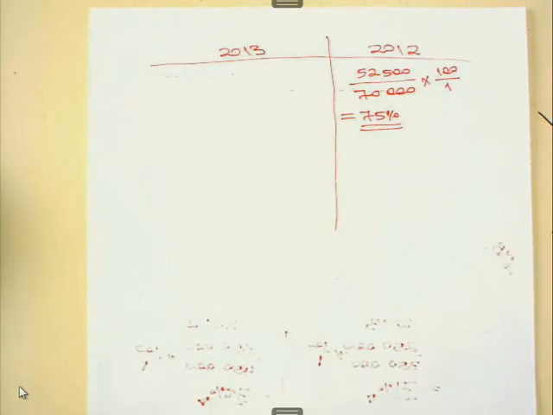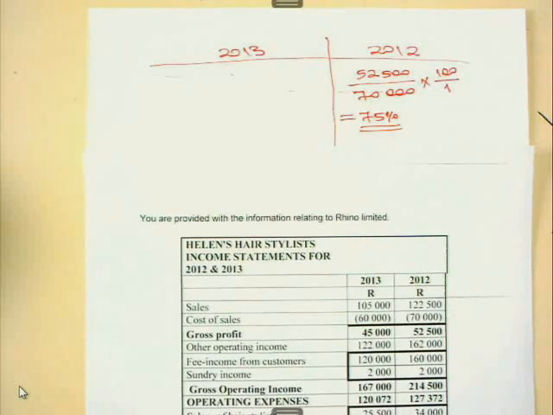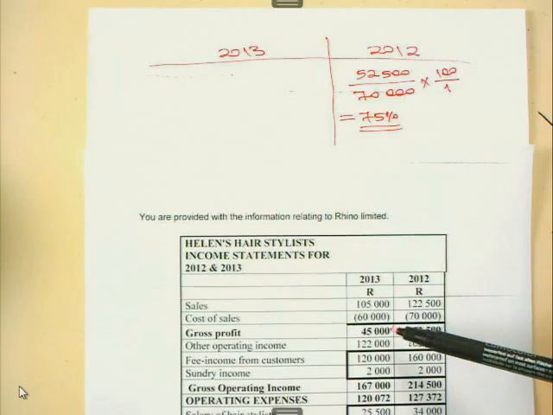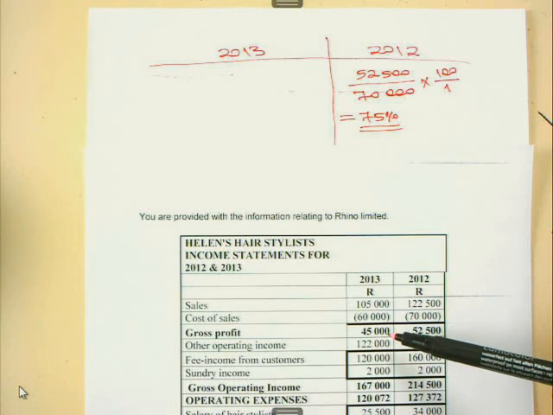Let's look at 2013, because our aim is to compare the current year results with the previous year results. You have the cost of sales of 60,000 and the gross profit of 45,000.